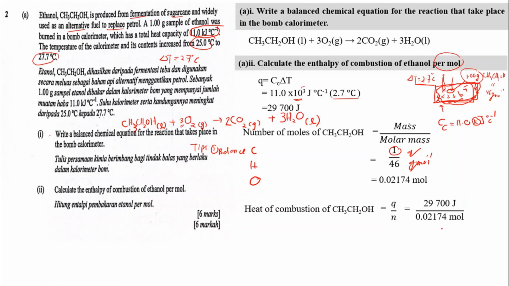Once we divide that, we're going to get 1,366,200 joule per mole, and then we can convert that into kilojoule by dividing it by 1000. So what we're going to get is 1366 kilojoule per mole. So this is how we do question 2A1 and 2A2.